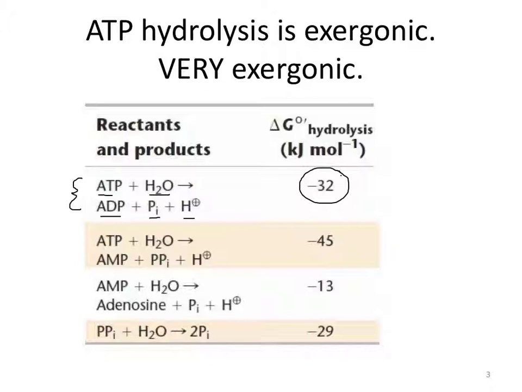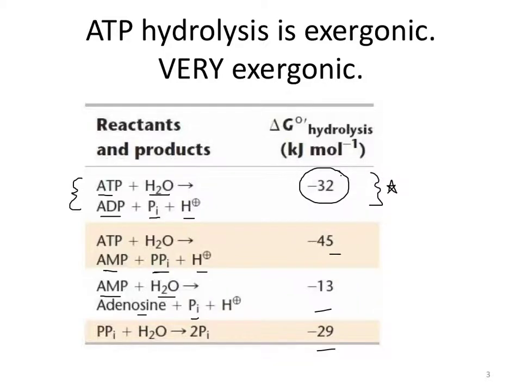You also get a lot of energy from taking ATP and forming adenosine monophosphate and a pyrophosphate group, or taking adenosine monophosphate and hydrolyzing that to yield adenosine and phosphate. These are all pretty high energy compounds. ATP hydrolysis, as shown here, is probably the most fundamental reaction in the cell, and it's what we're focusing on now.